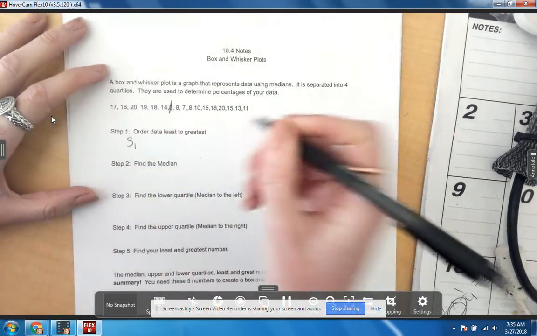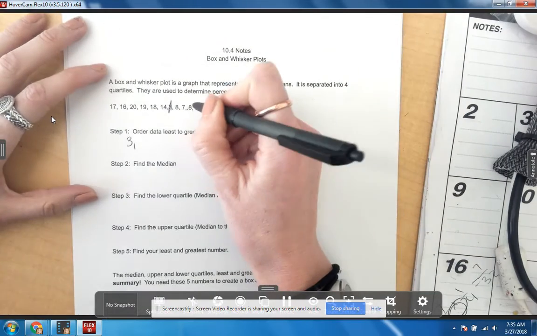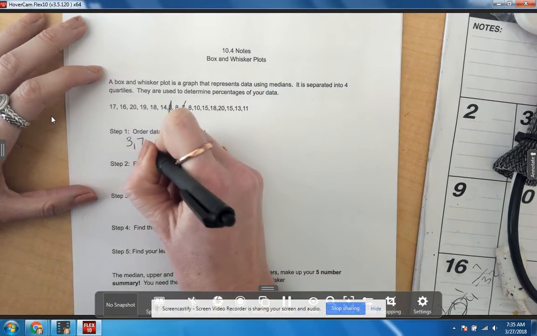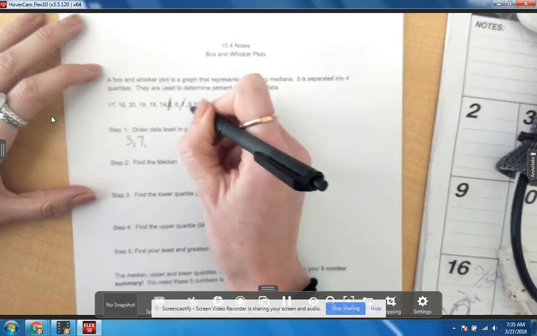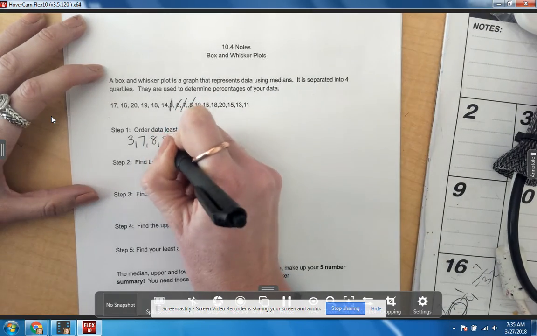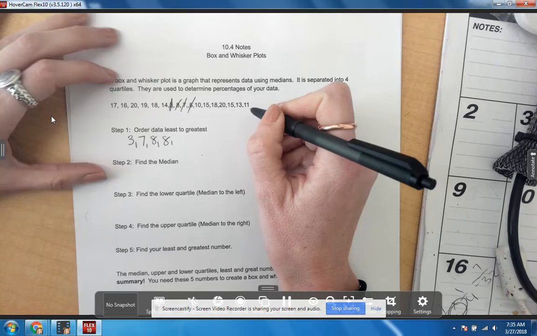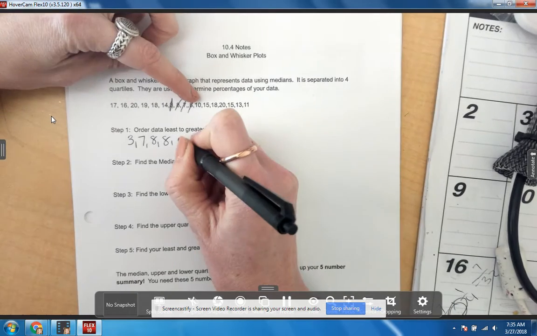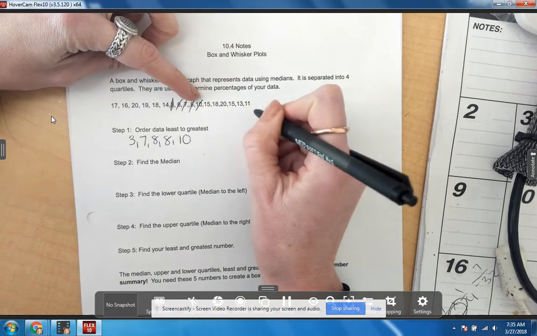So it looks like 3, and then 7, and then 2 8s. Okay, so make sure you're writing this with me. And then looks like 10.